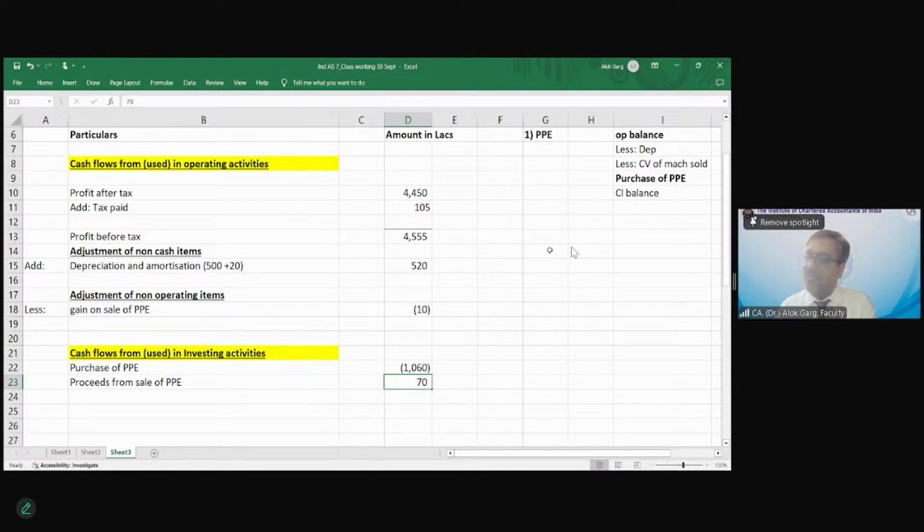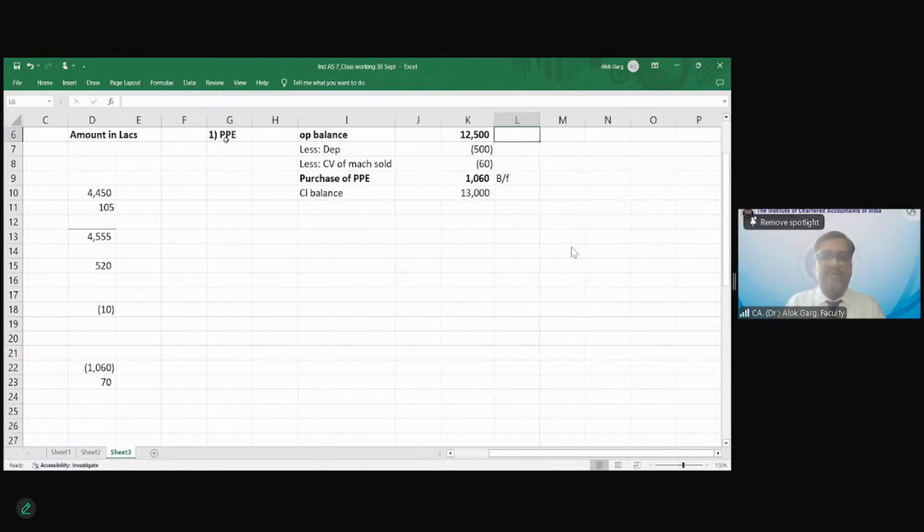Intangible asset. So intangible asset was 30. Now it becomes 50. There is an amortization also of 20. What happened with the intangible asset? Working schedule, note 2, intangible asset. What is my opening balance of intangible asset? 30 lakhs.